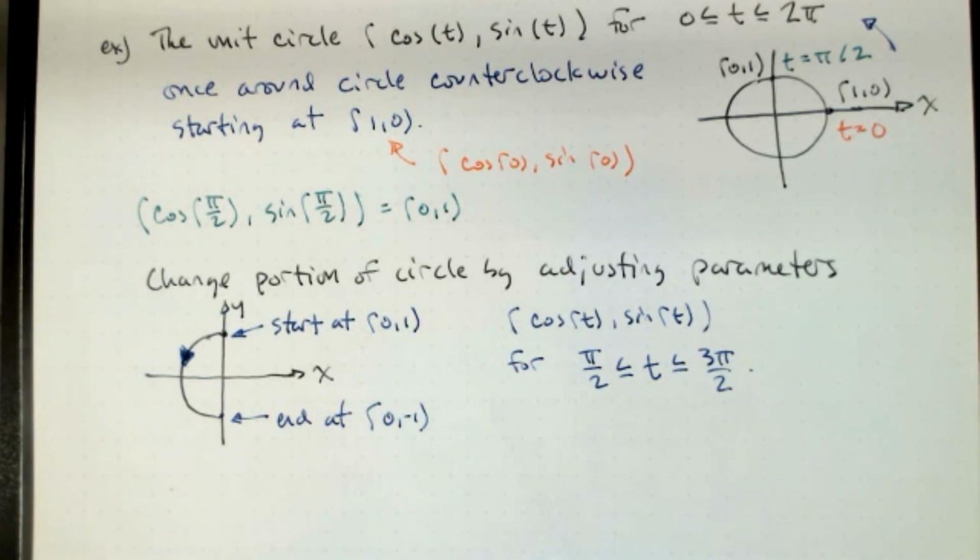The next layer we want to add onto this, since we're doing all this stuff in vectors, is that rather than just listing our coordinates as a point, we will list the parameterization as a vector.